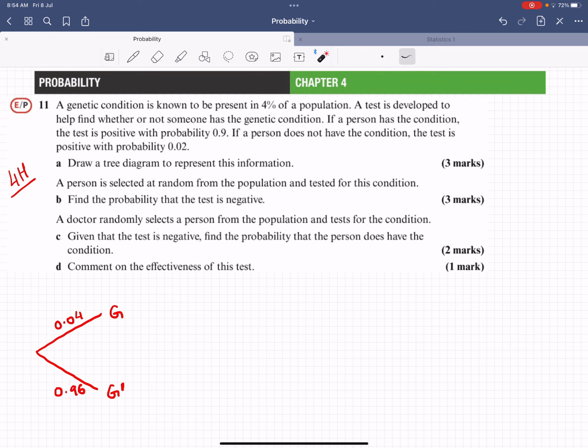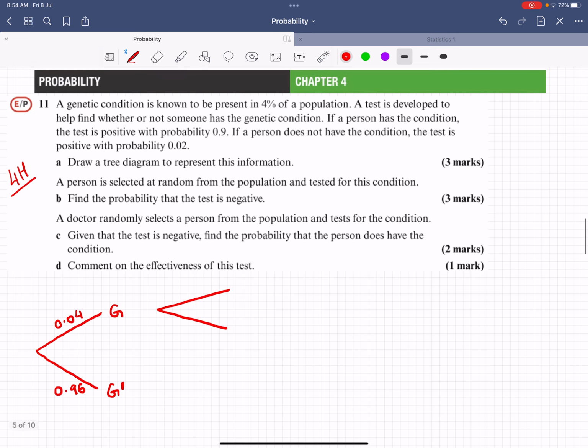Moving forward, a test is developed to help find whether or not someone has the genetic condition. If a person has the condition, the test is positive with a probability of 0.9. So if a person is positive, it's going to be P, and not positive, it's going to be P complement.